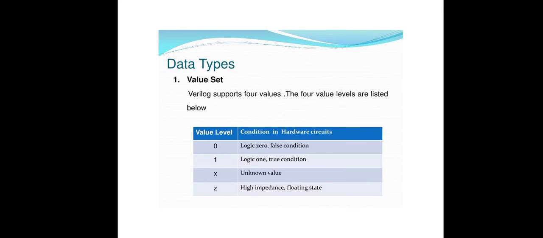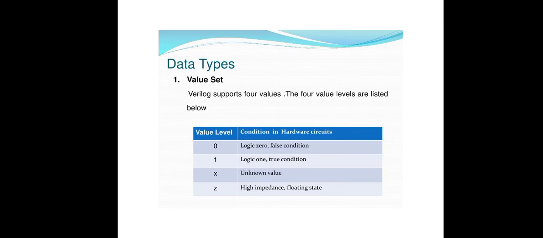Then the next part is the data types of Verilog or the HDL systems. First is the value set. Verilog supports a 4 value set. The value set is 0 or 1 conditions, that is the on or off conditions.